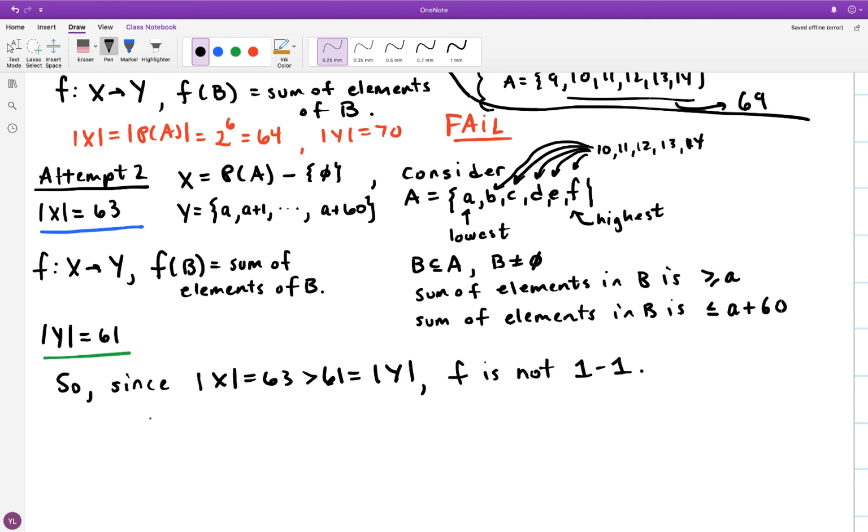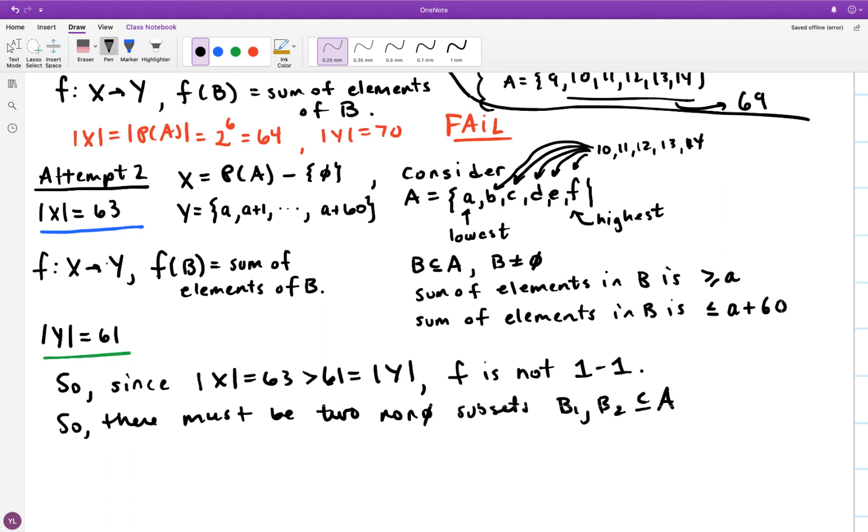by the pigeonhole principle. So there must be 2 non-empty subsets of A, B1 and B2.